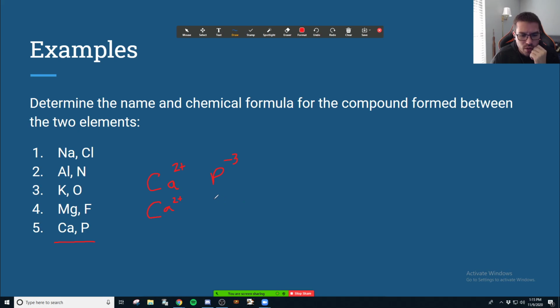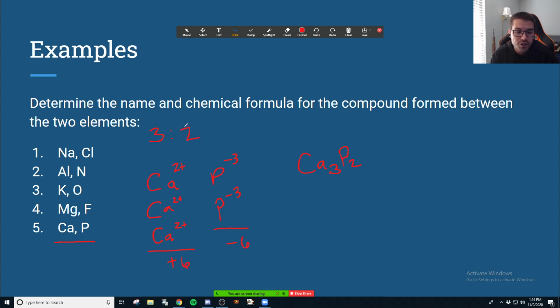Well, look what happens here. What if I add another calcium, that's positive 6 overall. And then if I add another phosphorus, this gives me negative 6. This works. This ratio here would be 3 to 2. This is about as complicated as it gets. My formula here would be Ca3P2.